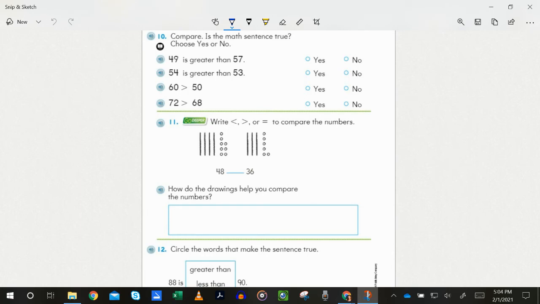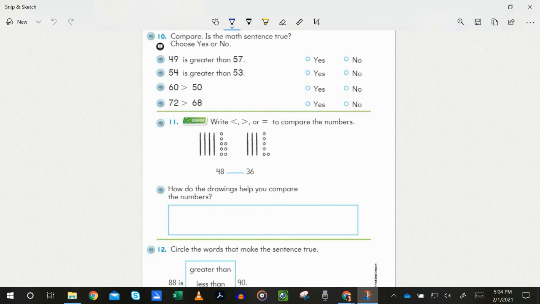54 is greater than 53. Choose yes or no. 60 is greater than 50.